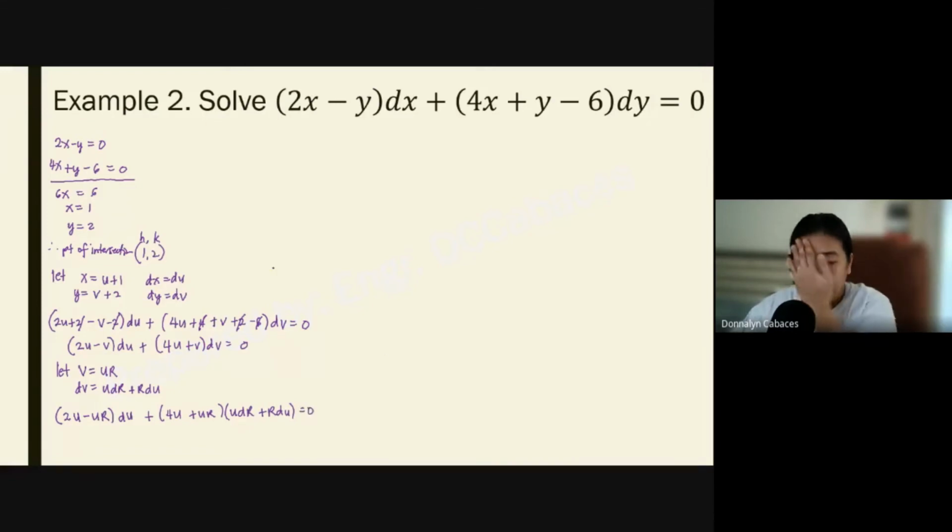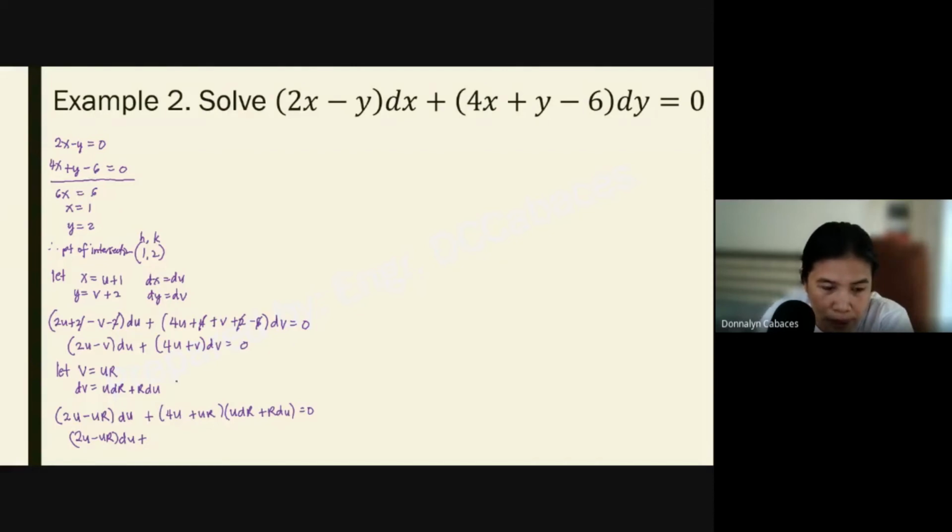Now we simplify, we multiply the terms of the differential equation and let us see, when it is homogeneous, we should arrive at a variable separable equation. So let us simplify. All here with du, so you have (2u minus ur) du plus.